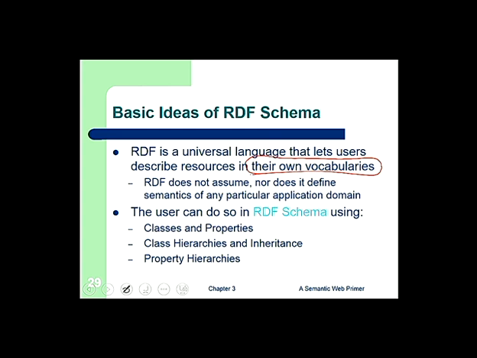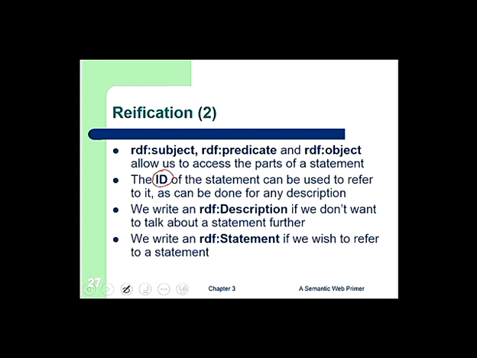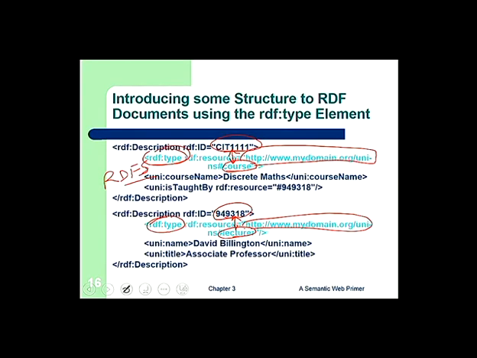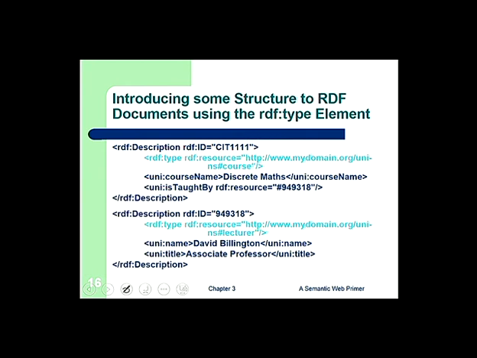The vocabulary that we have been using so far, let me take you back to this slide, to give you some examples. The vocabulary we have been using so far is, let's say, course name, is taught by, name, title, age. Plus there is some vocabulary defined in RDF like description, ID, type.